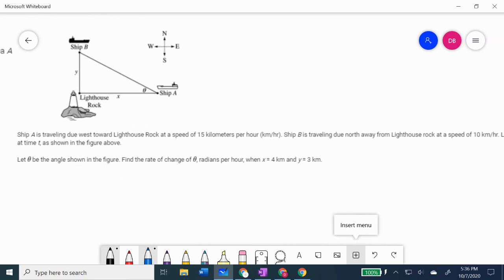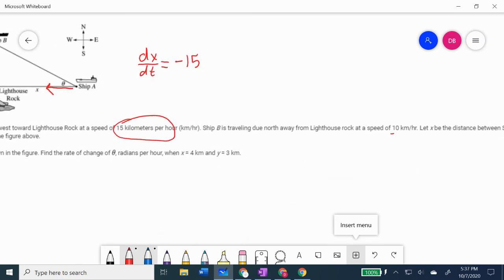So we have some speeds. 15 kilometers per hour is how fast ship A is traveling due west toward Lighthouse Rock. So that means dx/dt is negative because x is shrinking, negative 15. Then I have ship B. Ship B has a speed of 10 kilometers per hour and it is traveling north.